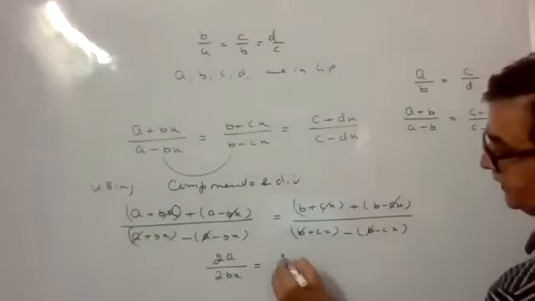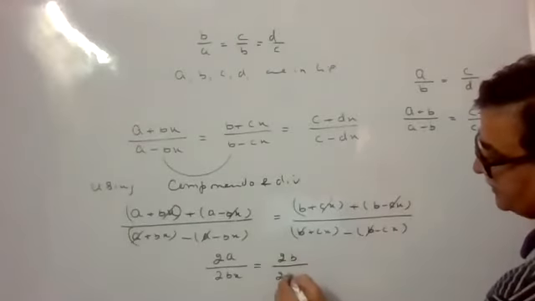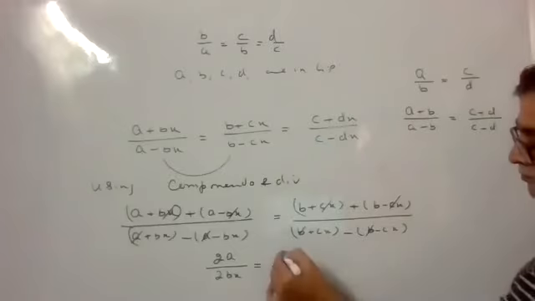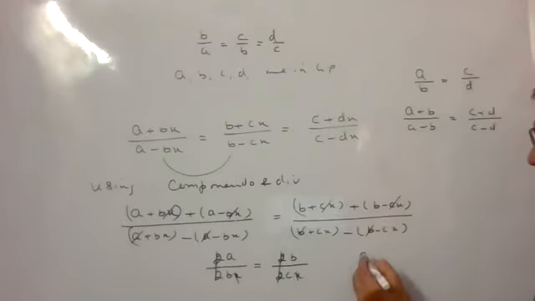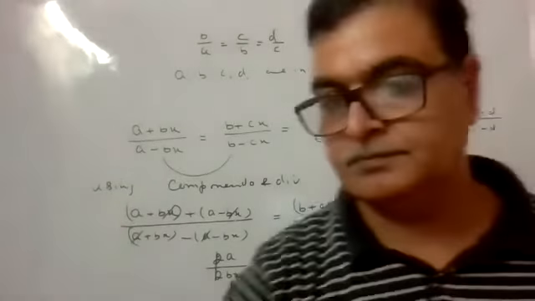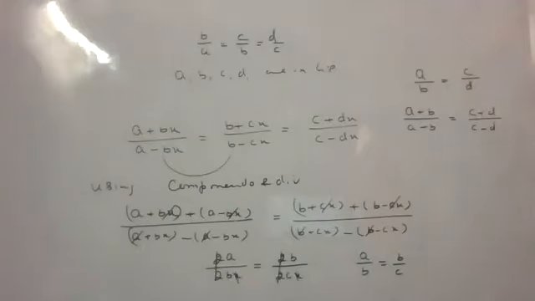Then it will be twice B by twice CX. This 2 cancels out, X also cancels out. I got A by B is B by C. Then if they are equal, that means B by A will be C by B.